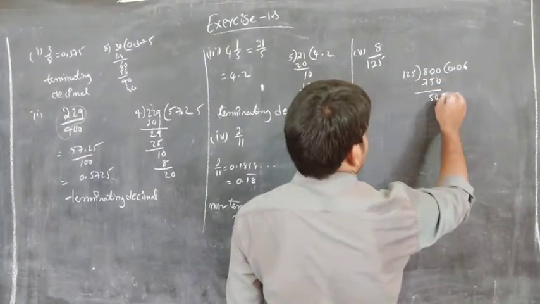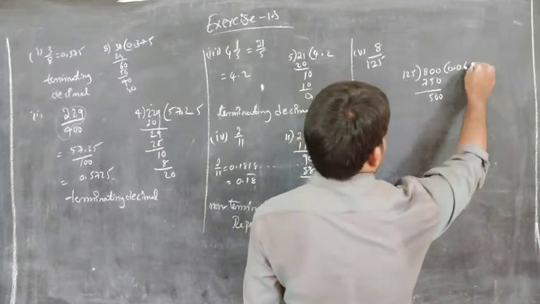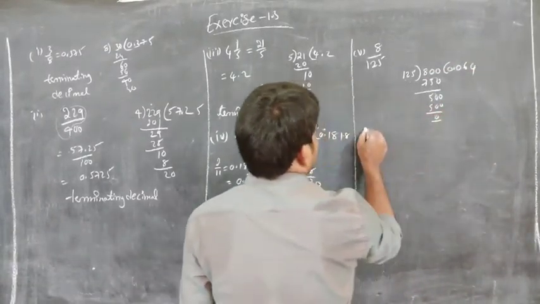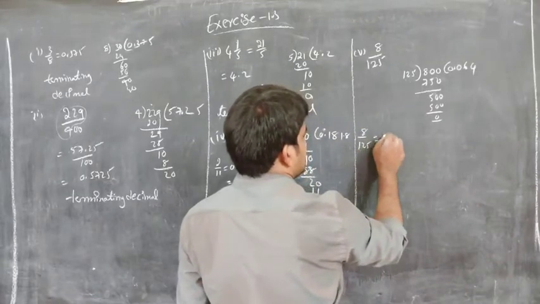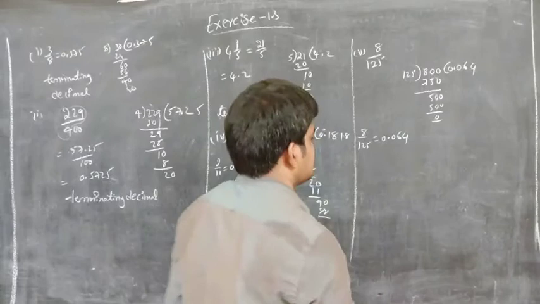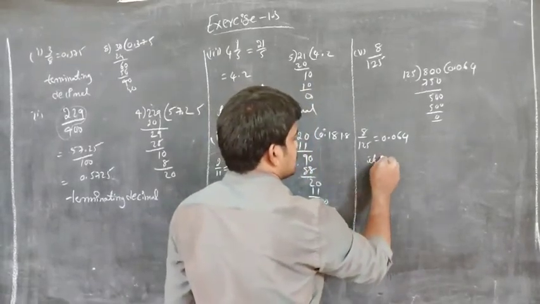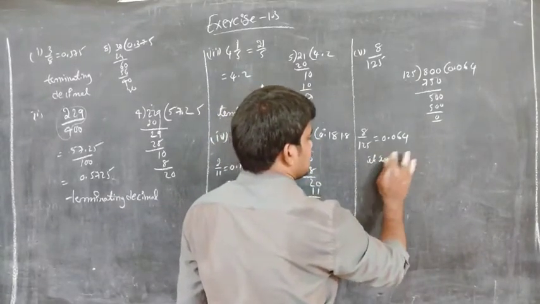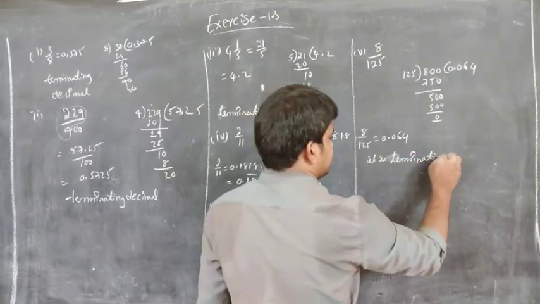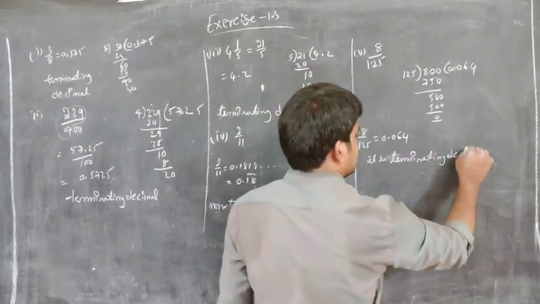So remainder 50. 0.00, so 4 times 500, so 0. So 8 by 125 equals 0.064. It is a terminating decimal.